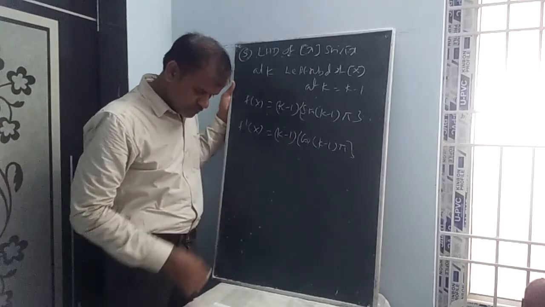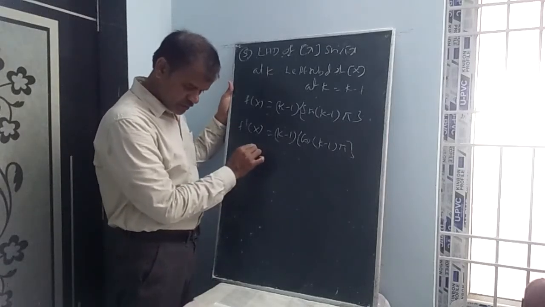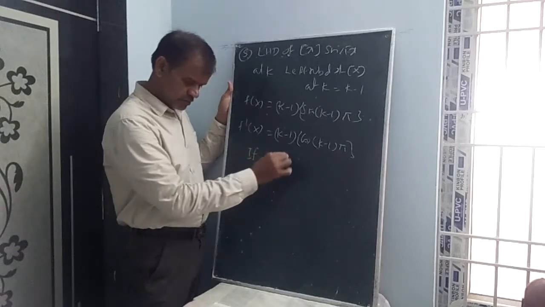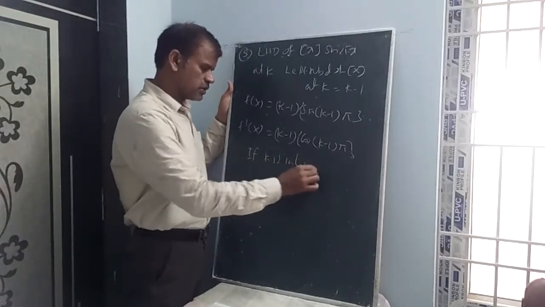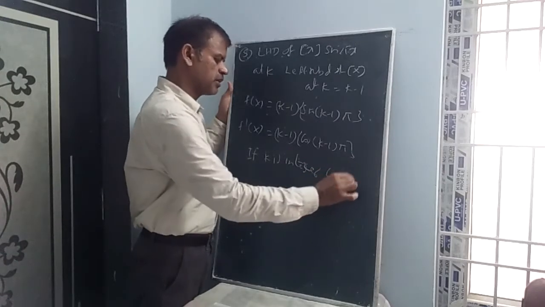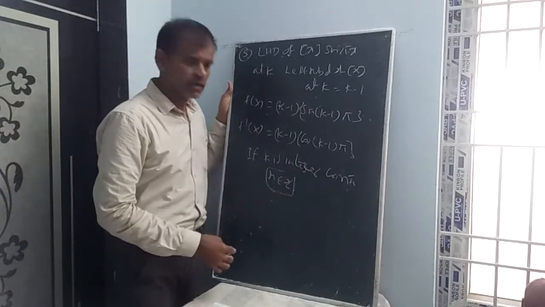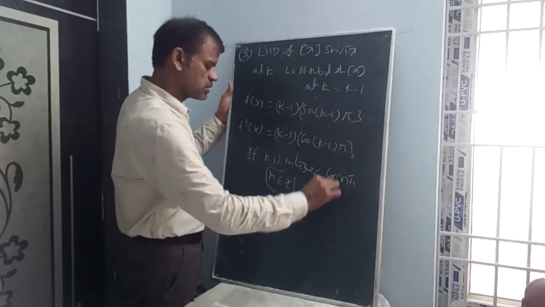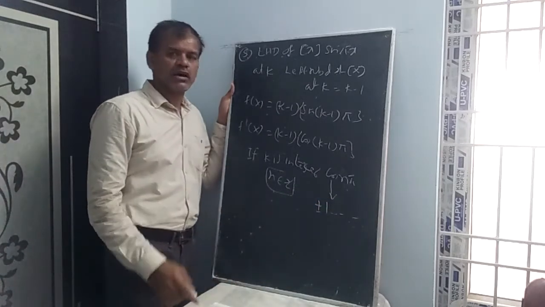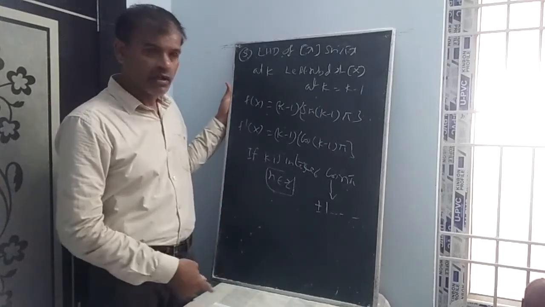Now cos of k minus 1 into pi. He is discussing about integers. Yes, if k is integer, you can write cos n pi, where n is equal to k minus 1 and n belongs to Z. Cos n pi gives plus or minus 1, oscillating, because cos pi is minus 1, cos 2 pi is plus 1, cos 3 pi is minus 1, like that it will oscillate.